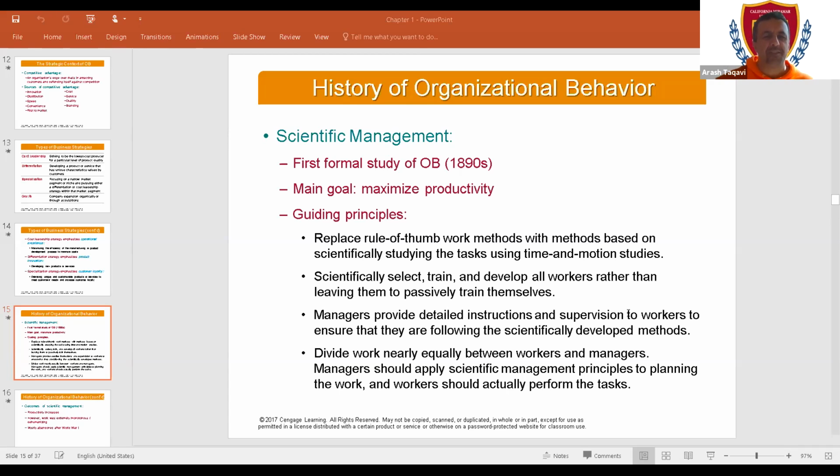One of the greatest centers for time and motion studies was California about 100 years ago, in the city of Hawthorne. There was a factory in Hawthorne that carried out some of the first and best studies about time and motion: how many motions we need to do in a factory, and how we can calculate the time and reduce it to increase productivity.